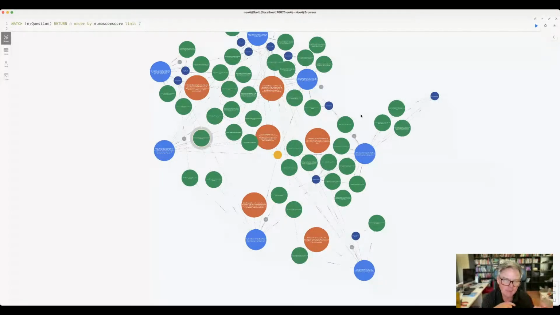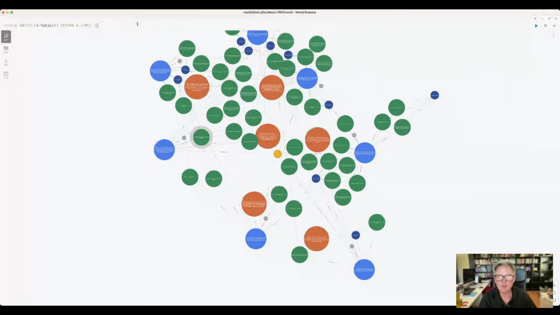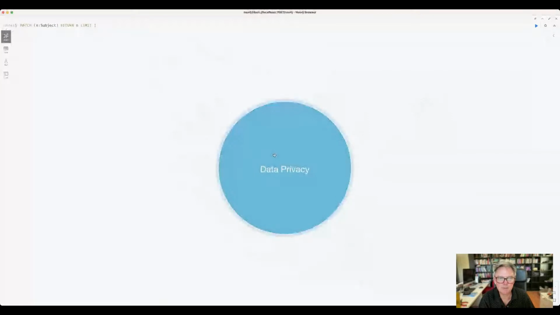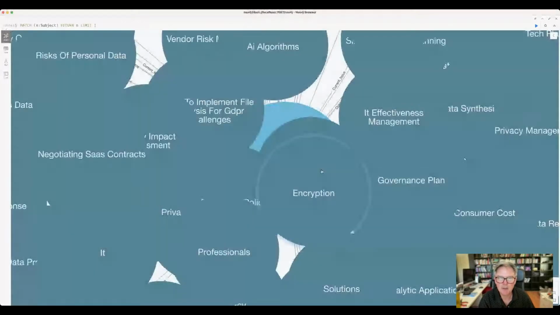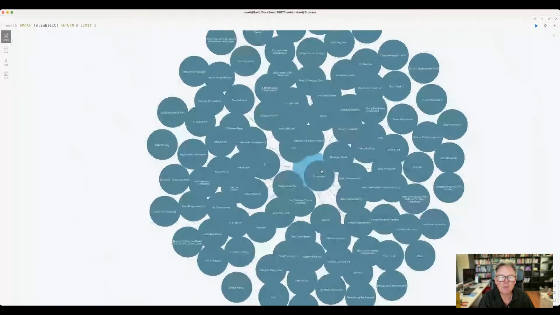The questions are related, and the recommendations are related to job roles, functions, and overarching areas like privacy protection, etc. Let's have a quick peek at those overarching areas. There are a lot of them. Opening up the main area, data privacy, these are all the related areas, the green bluish balls we've seen before.